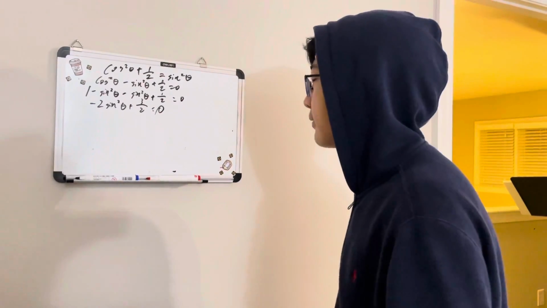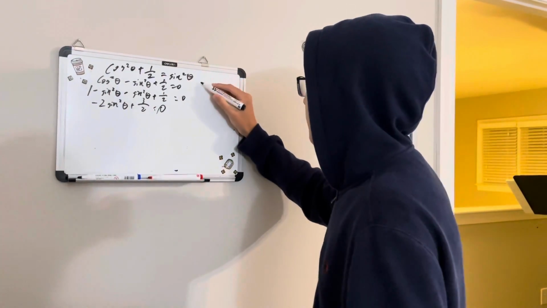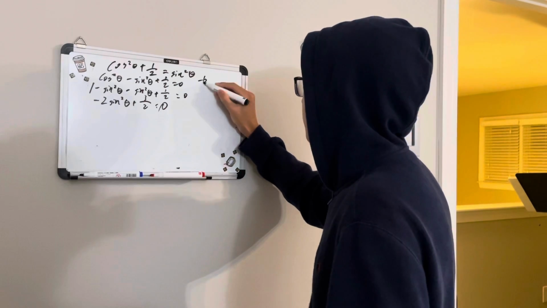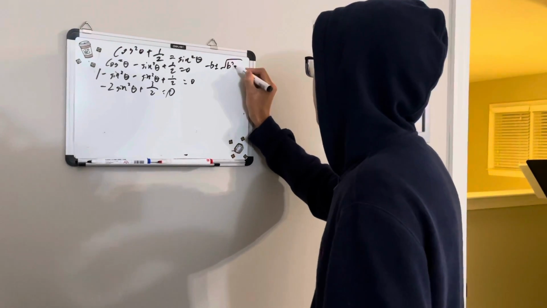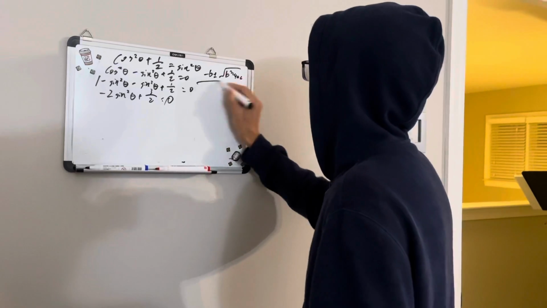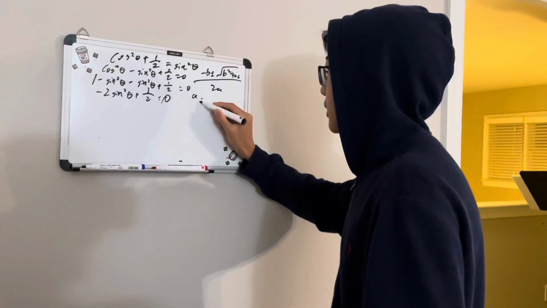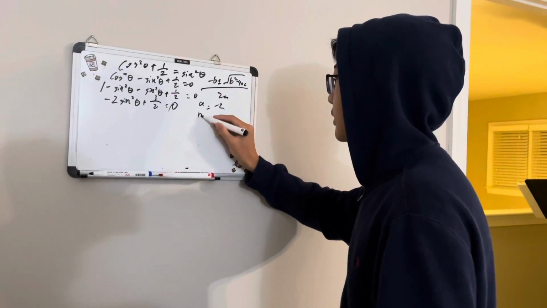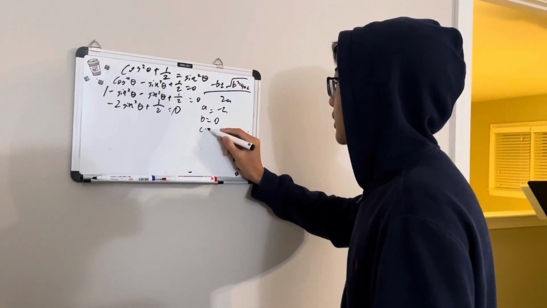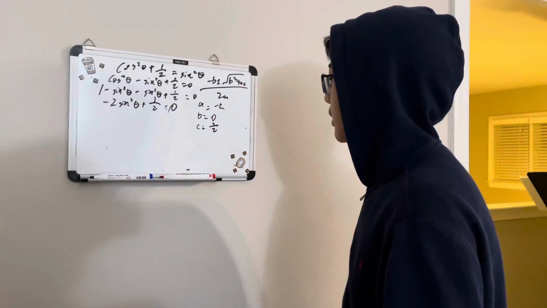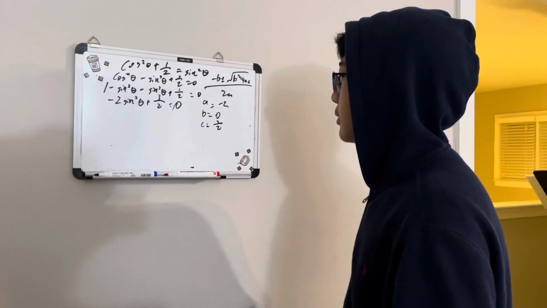We want the quadratic formula, and we know what the quadratic formula is. Let's do it. a equals -2, and we don't have a b, so it's 0, and c is 3/2. It's the constant.